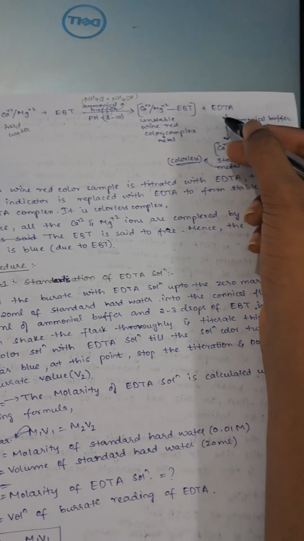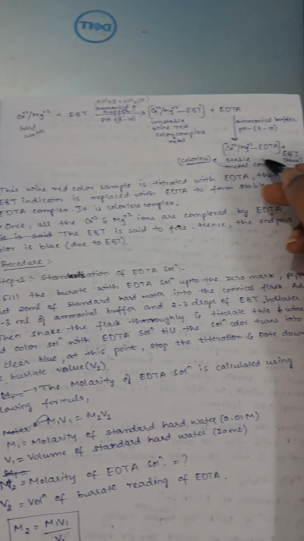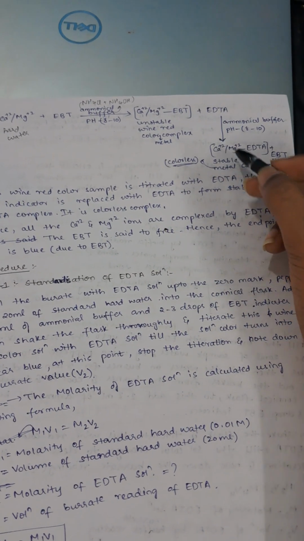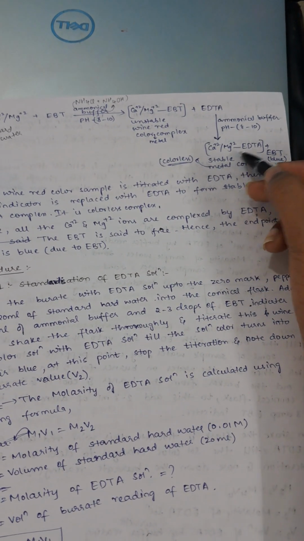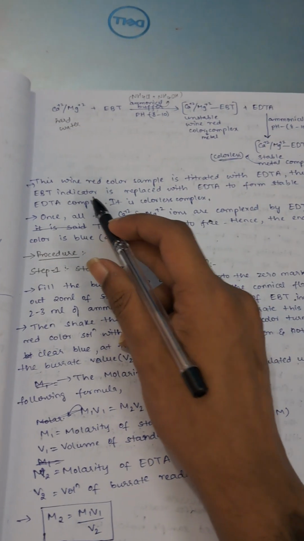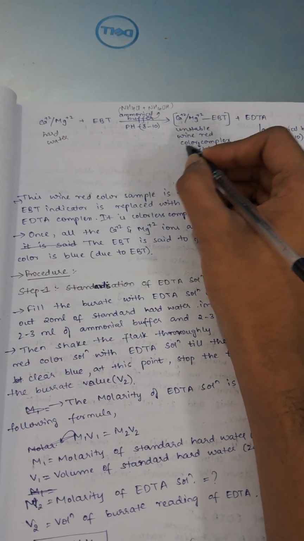Then when you add EDTA to this, you will get calcium or magnesium with EDTA. So this is the wine red complex.